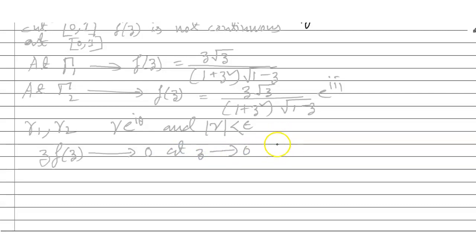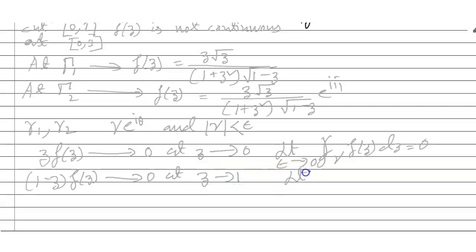And z tends to 0. So limit epsilon tends to 0, integration over gamma of f(z) dz equals 0. Similarly, (1 minus z) f(z) tends to 0 as z tends to 1.